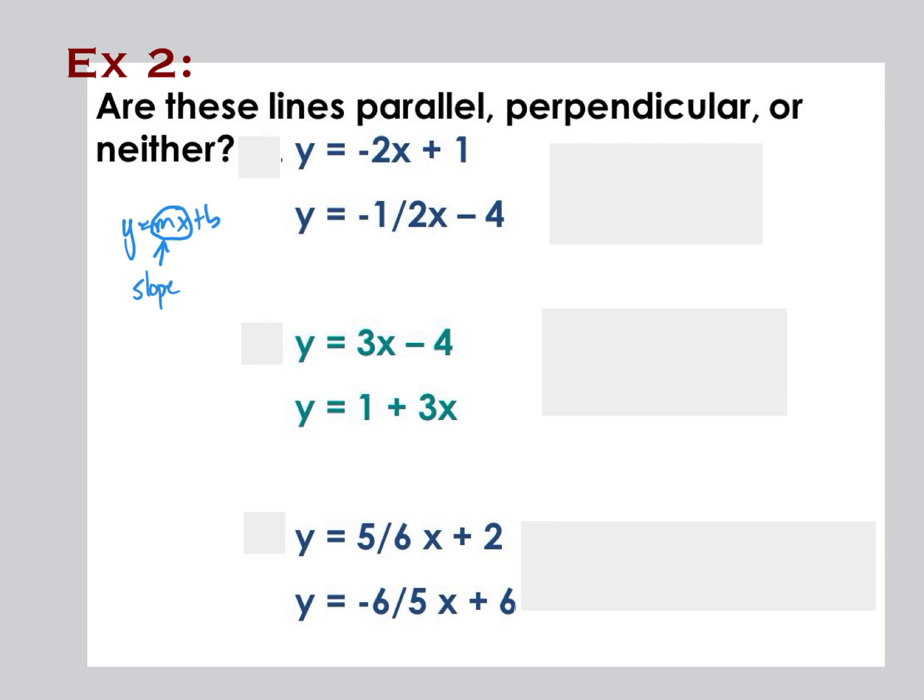On y equals -2x plus 1, what is the slope on that one? -2, right? What about the one below it? What's the slope? M equals -1/2. Okay. Now when I look at that, are those parallel? Are they the exact same? No. Are they perpendicular, flipped and opposite signs? No. So what is this one? Neither.